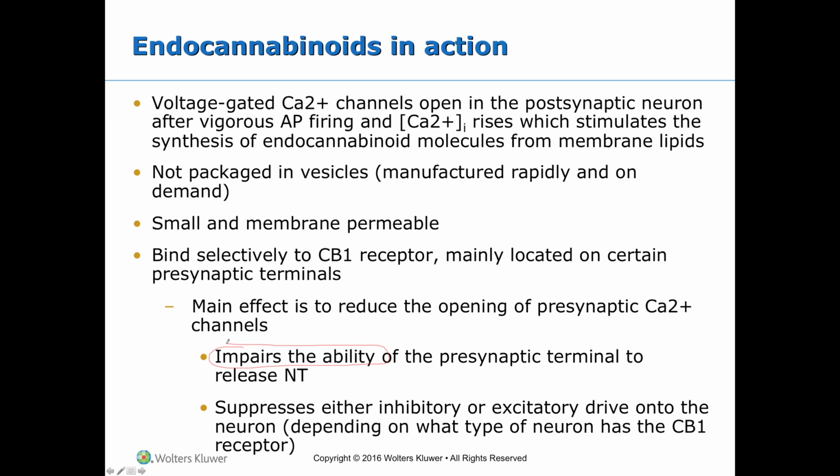So this suppresses either an inhibitory or an excitatory drive onto the neuron. Depending on what type of neuron has the CB1 receptor, you're going to either suppress the inhibitory action if it was releasing inhibitory neurotransmitter, or you're going to be suppressing excitatory actions if it was releasing excitatory neurotransmitters.